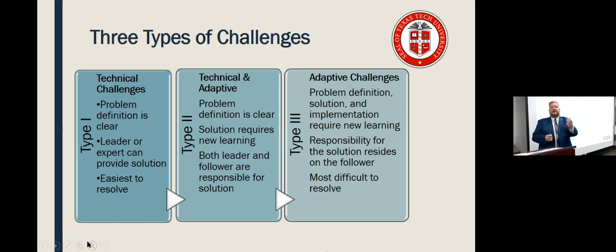Often when I talk about this in my classroom, my students will think that it has to do with technology or computers, and those are the examples that they give. While those might be the type of challenges you're looking at, technical challenges are where the problem definition is very clear. The leader or an expert close to the leader can provide the solution by themselves.